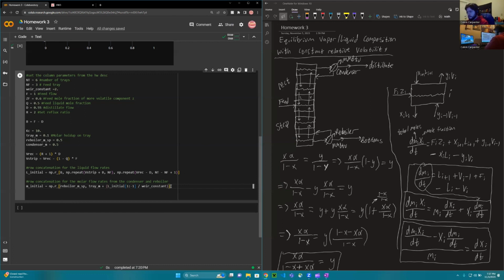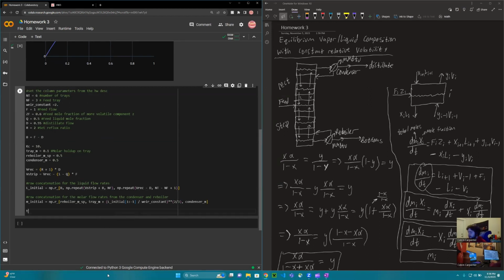Close that out. We're going to take that whole value, take that to the 2/3. And we're going to add condenser underscore M, and then close everything out.